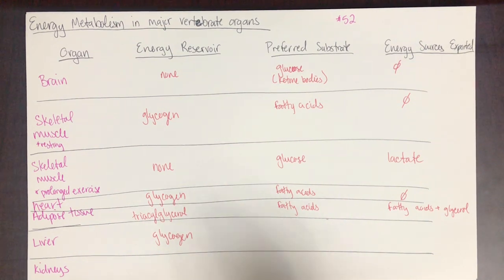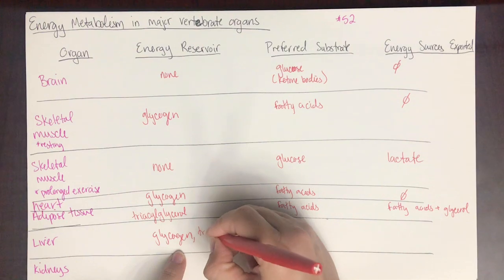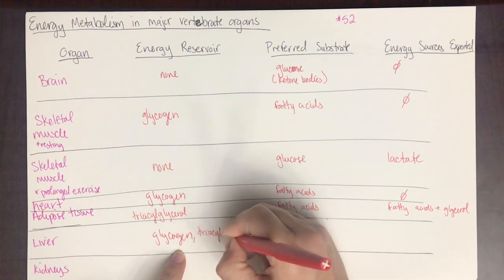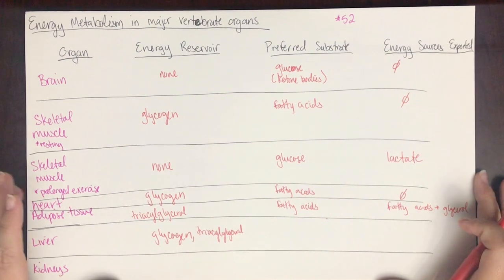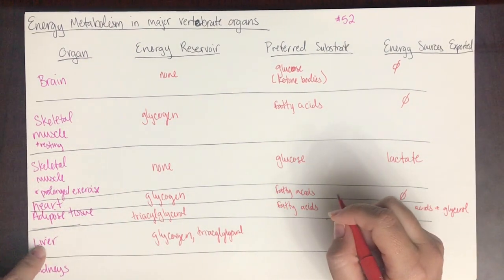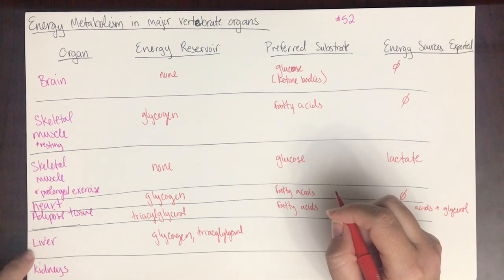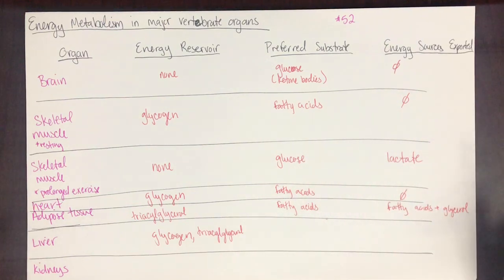The liver also uses glycogen and triacylglycerols. Its preferred substrate, it can use anything. The liver, you'll see, is often called the metabolic hub of our bodies. It does all the metabolic processes. Some of these other ones can only do one or a few.